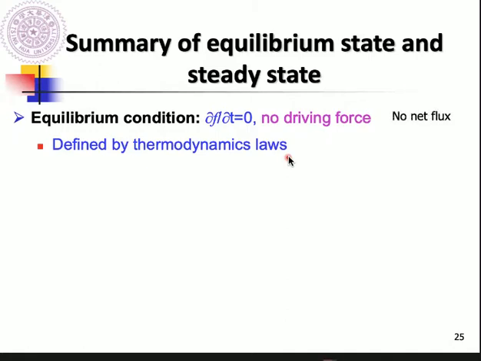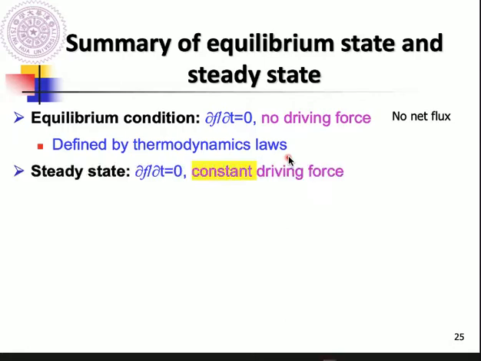So in this kind of system, you cannot observe any net flux. However, in steady state, the state function also doesn't change with time, but we can observe a constant driving force existing in your system.